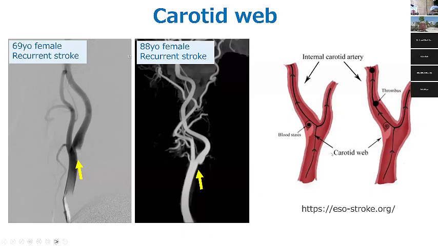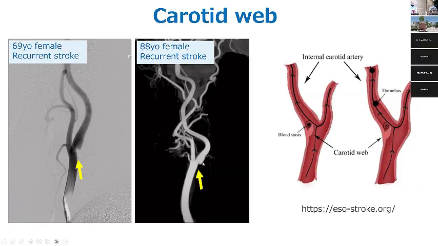The carotid web is not an atherosclerotic lesion like internal carotid artery stenosis, but this is one of the fibromuscular dysplasias, and one hard protrusion makes blood stasis here and makes a thrombus, and the recurrent stroke happens.